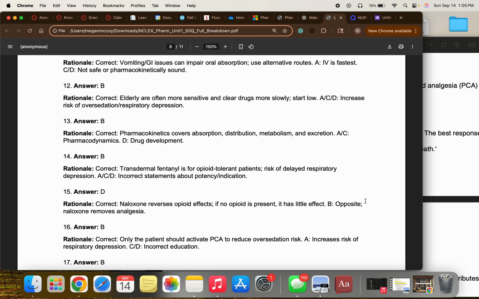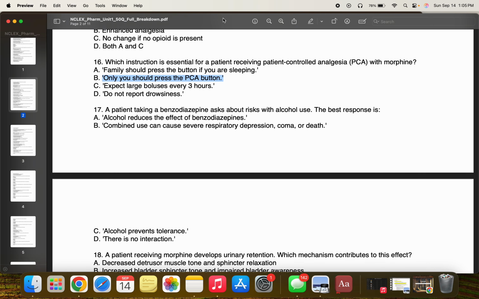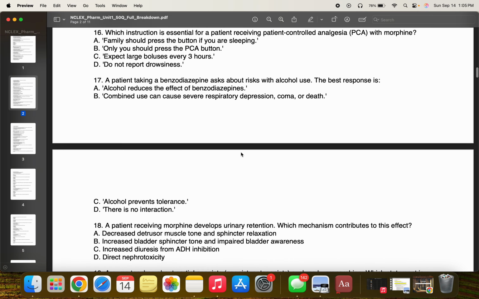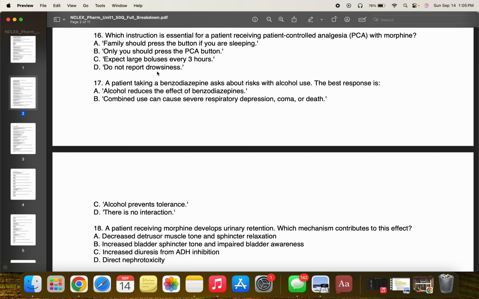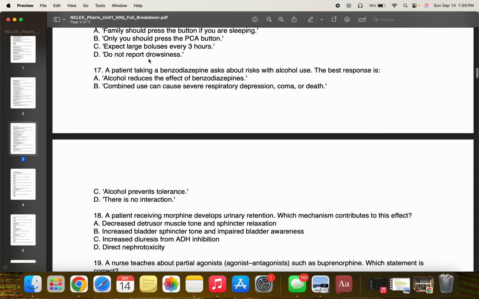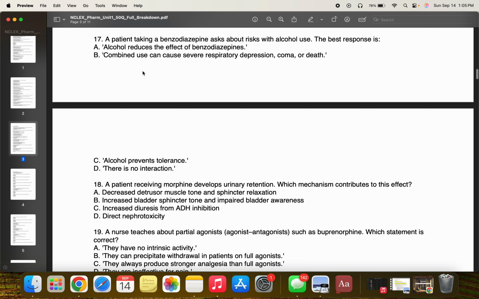Yeah, no, I don't know. Incorrect education, apparently. Oh, I see. I see why that's wrong. I'm just dumb. Do not report drowsiness, but yeah, they're going to say report drowsiness, because that will keep someone from whatever.